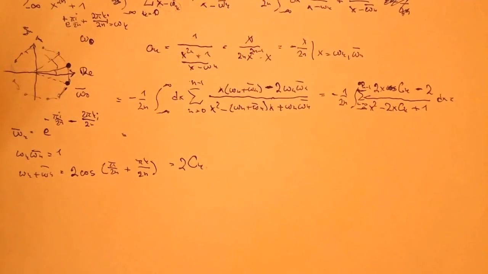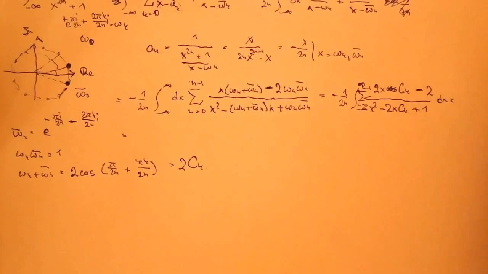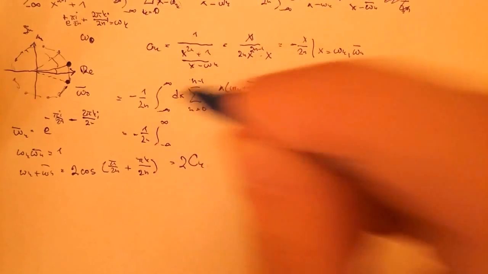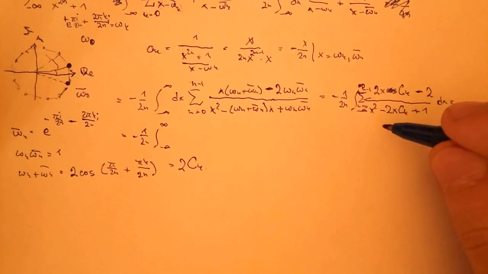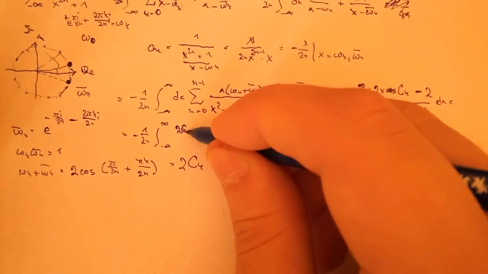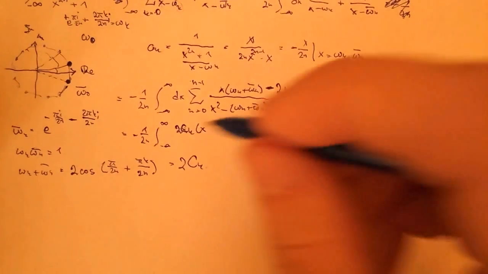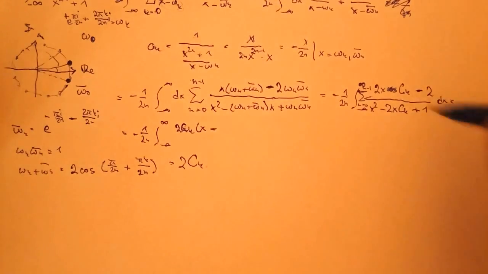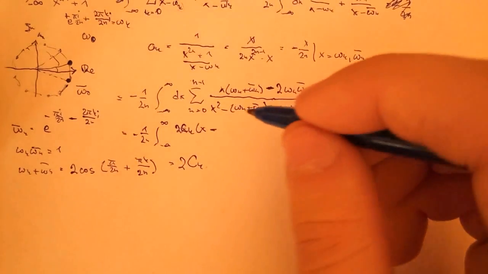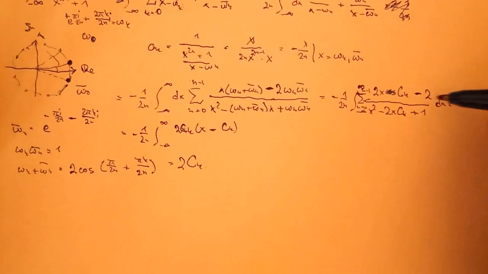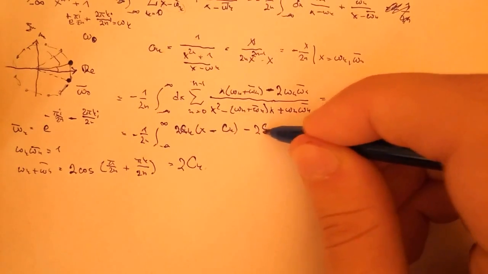As you can see clearly here, there are two parts. One is, I can rewrite this as minus 1 over n, from minus infinity to infinity, 2x times cosine k x minus cosine k, and this should be minus 2, so there is minus 2 times sine k.